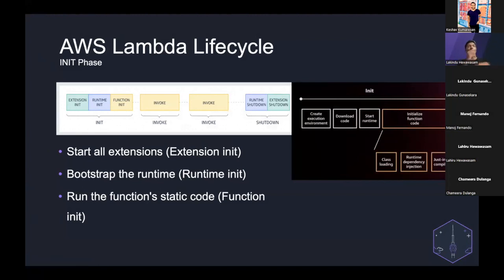That's where the Lambda service downloads the execution environment, which is the Firecracker VM, and it downloads your code, possibly from S3, and then it initializes the runtime, and then it initializes the function code. Now, on a Node or Rust-based language, the actual initialization of your function code is not that long, because it's not that complex to load a Node application or a Rust application onto your VM, onto your OS.